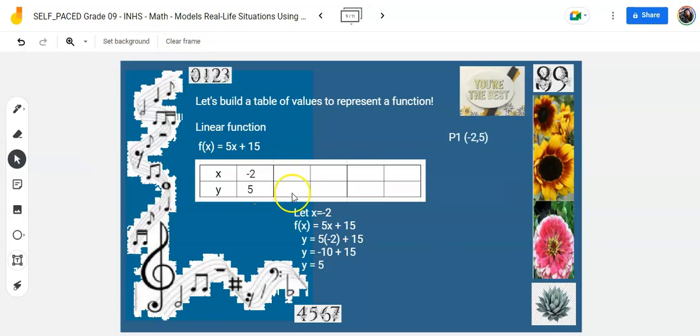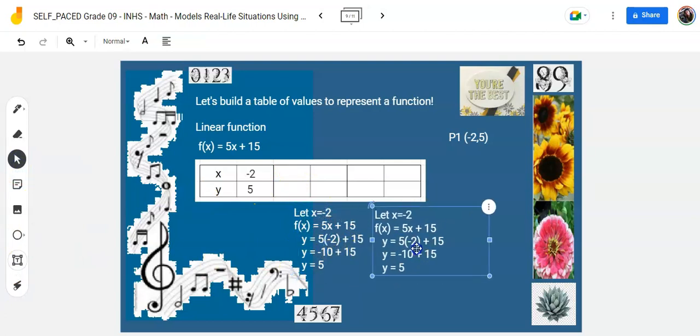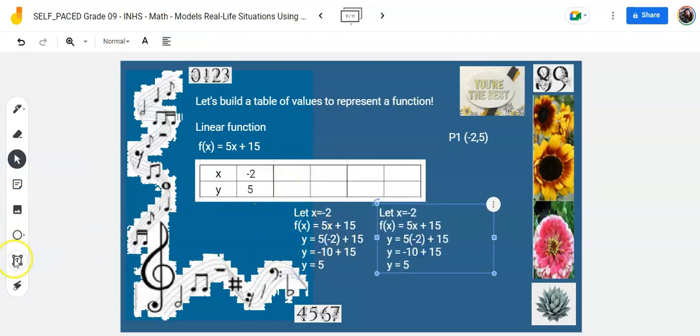Alright, so let's have another point. Let's have another column. Okay. So, kay duol man sa negative 2 ang negative 1. So, we let x equal to negative 1. Okay, so update the table. Negative 1, ang ikaduhang value of x. So, ilisan ang letter x og negative 1.